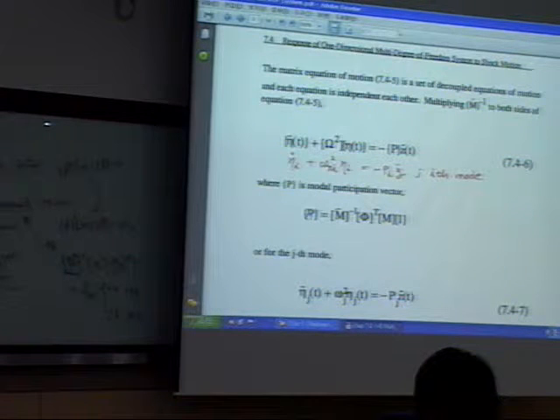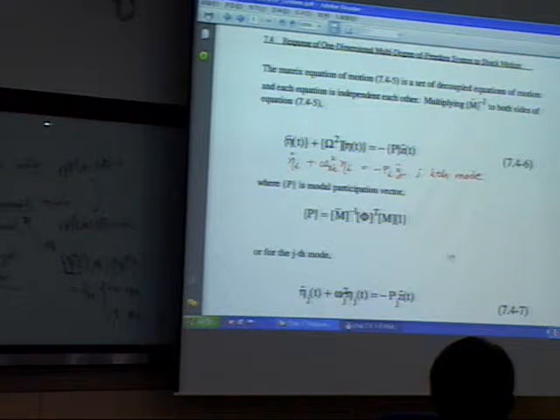This is the modal participation factor. To use the DDAM approach to get the result, you have to compute the P, the modal participation factor. To do that, it's nice to see that m bar is equal to the identity matrix. Then it's very nice already.